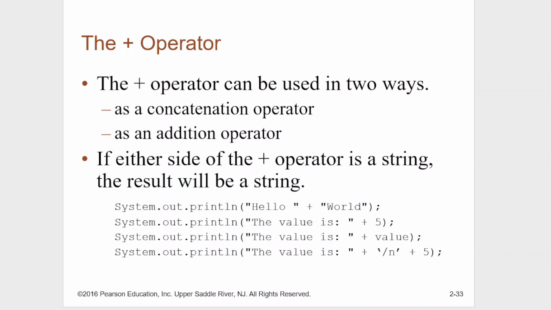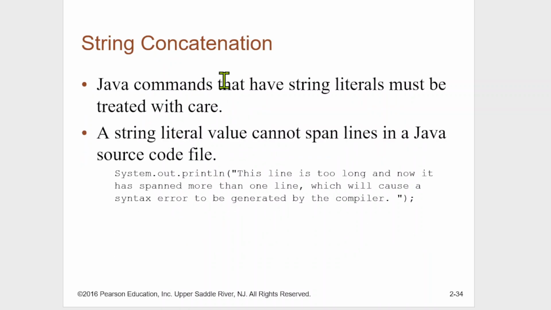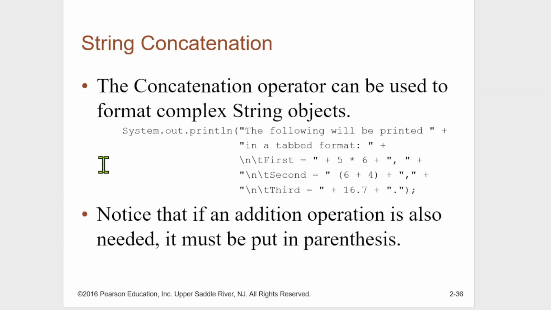String literals in Java must be treated with care. A string literal value cannot span lines in a Java source file. So the concatenation operator can help form complex string literals.